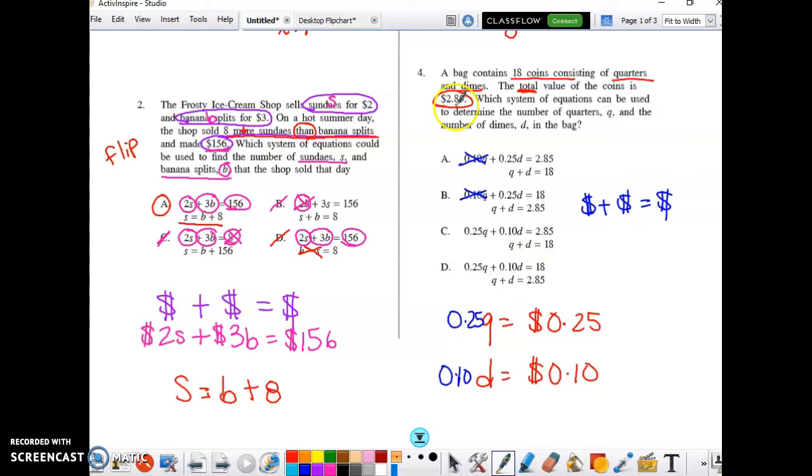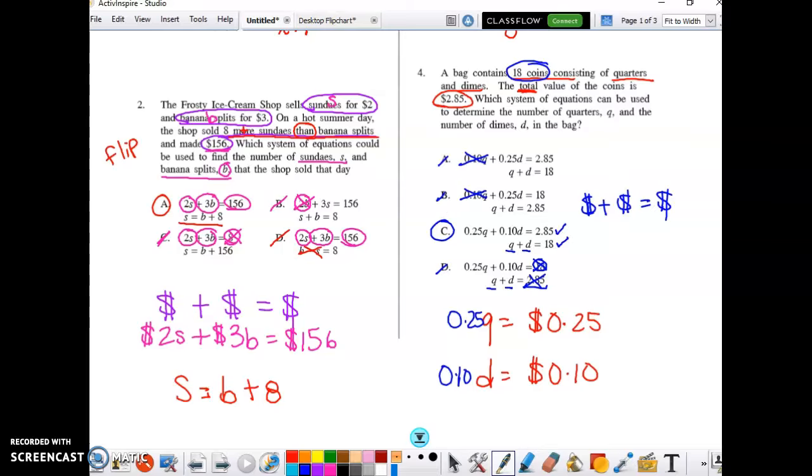Is that your money? Yes, so that's correct. 25 cents for each quarter plus 10 cents for each dime equals 18. Is 18 my money? No, it needs to be money. So this one's not it, this one's not it, this one's not it. And it also said that they had a total of 18 coins, so the quarters plus the dimes does not equal money. The quarters plus the dimes equals 18 total.